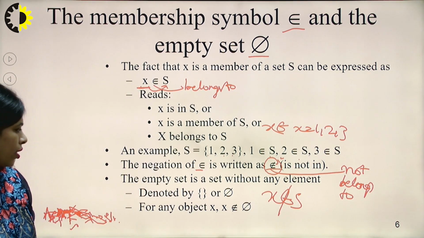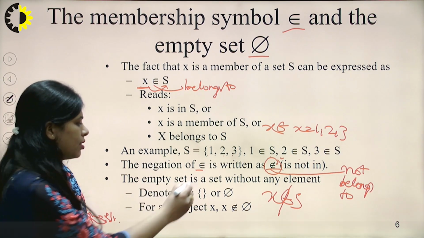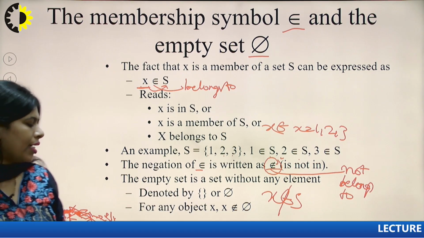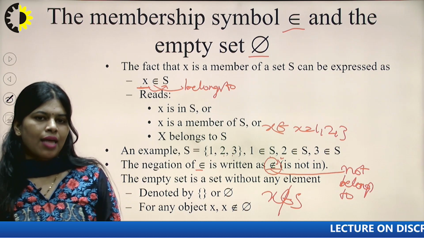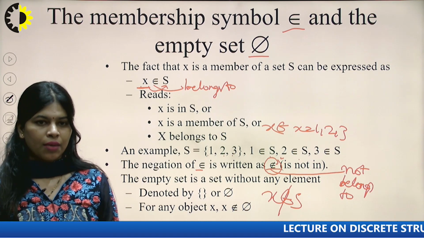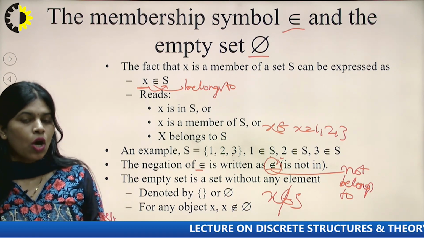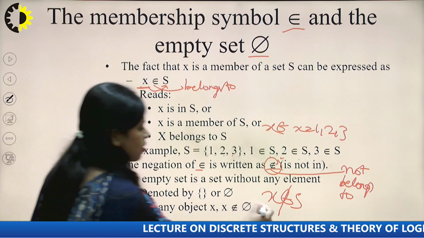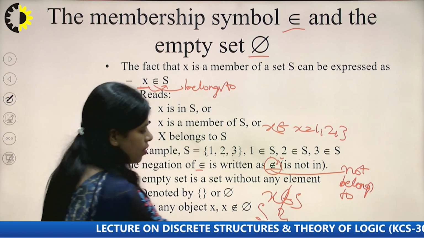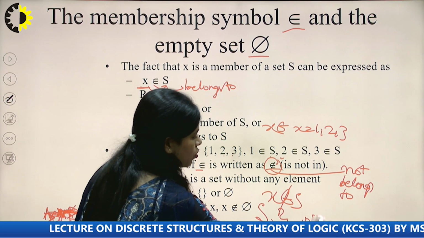Now the next point is the empty set. Empty set means a set without an element. We can say that a set is empty, means there is no element present in the set, or we can represent a set like curly braces, meaning there is no element, which is called nil.